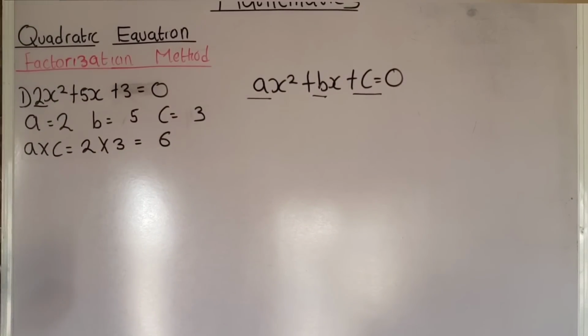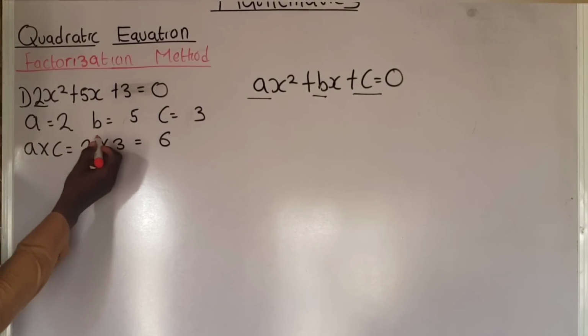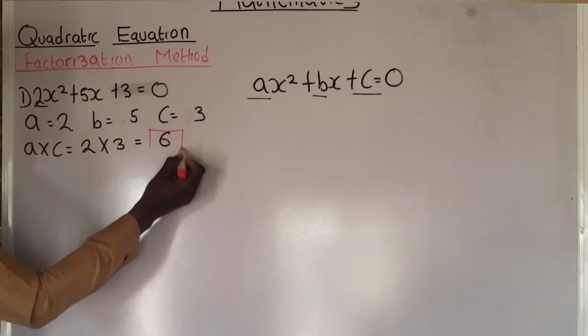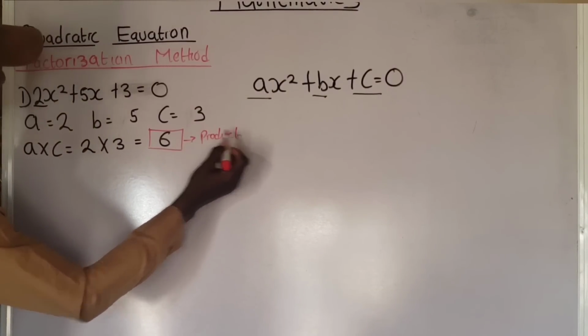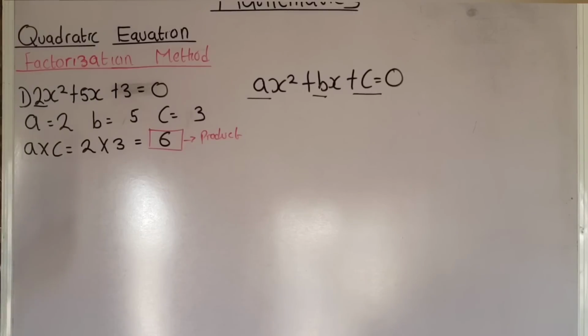You understand? So, having taken the product of the first term and the constant term, you have to think of two numbers. Hello, pay attention. This is the product. Okay? Now, you have to think of two numbers such that when you take the product of those two numbers, it will be equal to the product of the first term and the constant term.